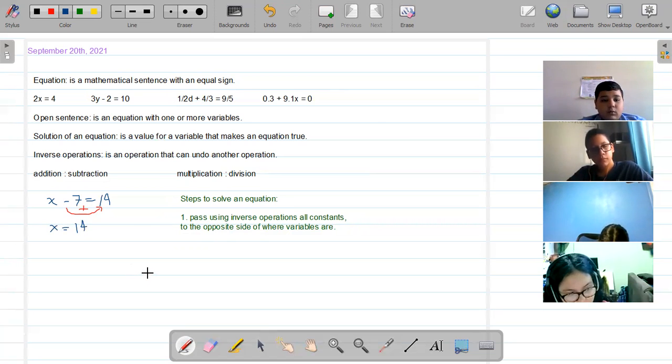So we're going to say now x is equal to the 14 that we already have, because we always copy first what we have on that side. Instead of negative, I say plus, that's why I write it over here so I don't forget what operation I'm going to use.